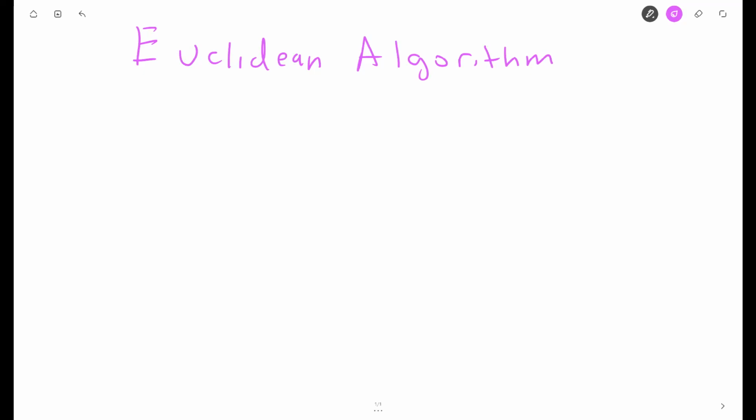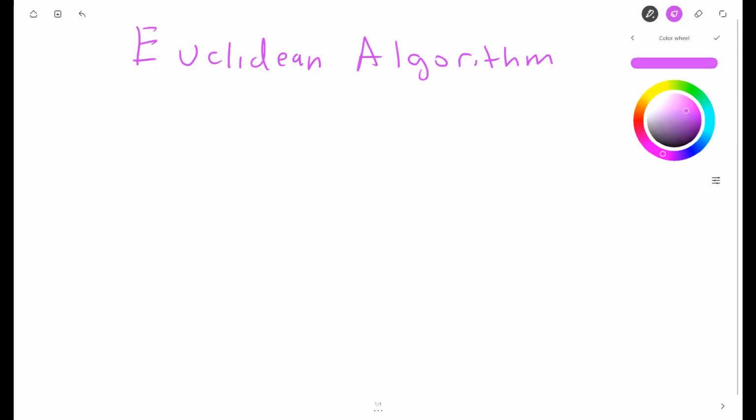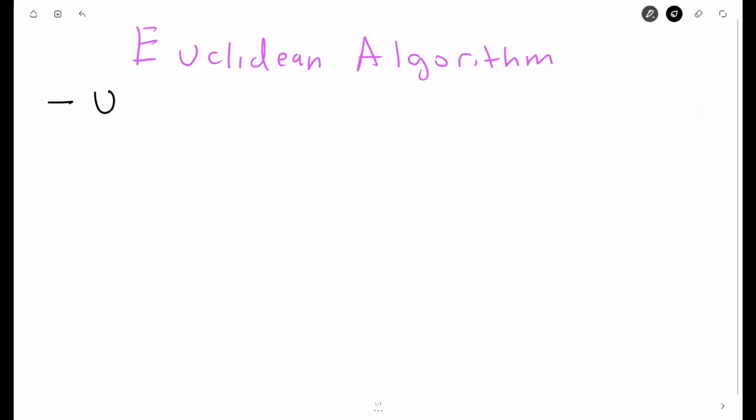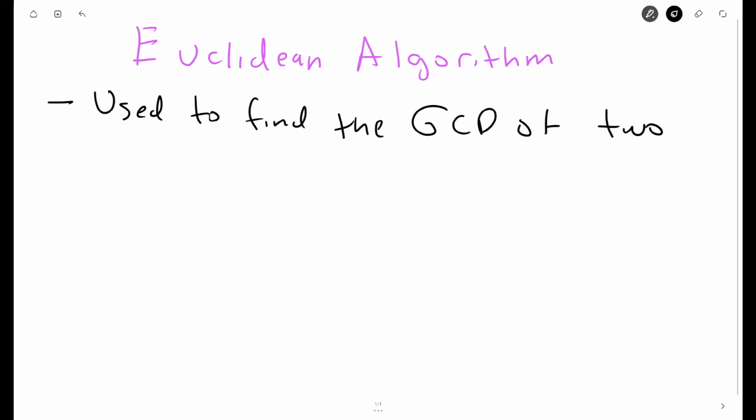So we're going to be talking about the Euclidean algorithm. The Euclidean algorithm is a fundamental technique in number theory used to find the greatest common divisor, called GCD, of two integers.